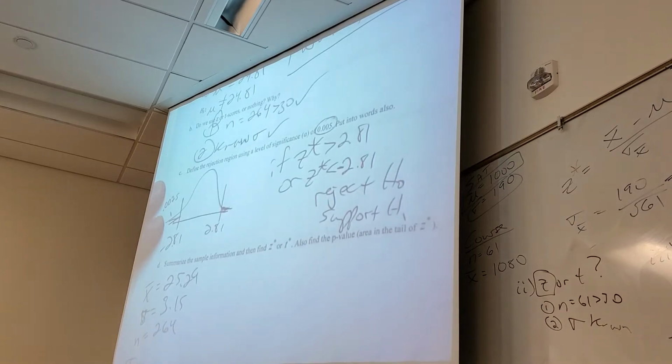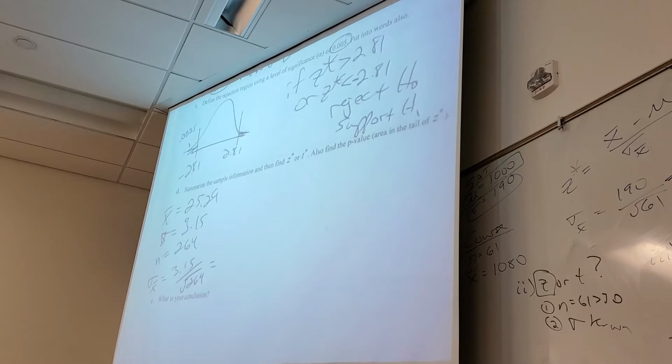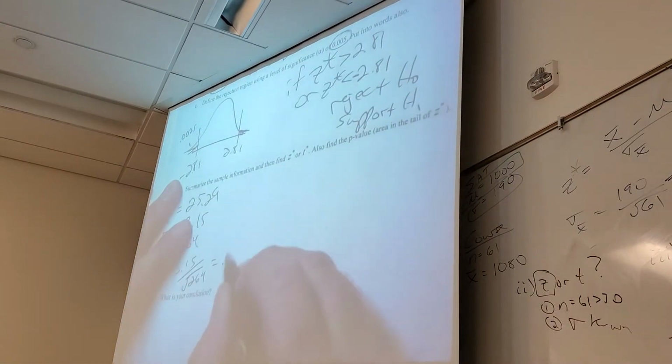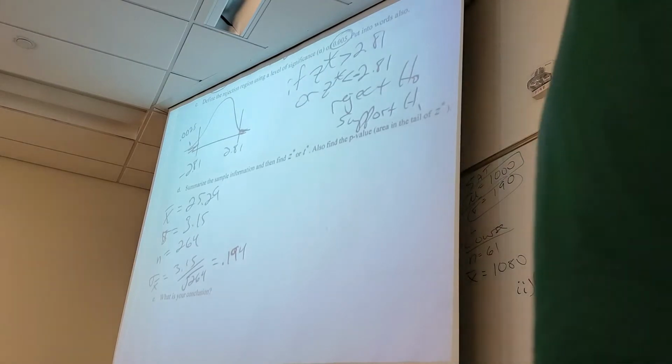So what's the new standard deviation? 0.1939. 0.194, or 0.1939 is fine too. Is that what you guys got? Okay. Now make your z star.